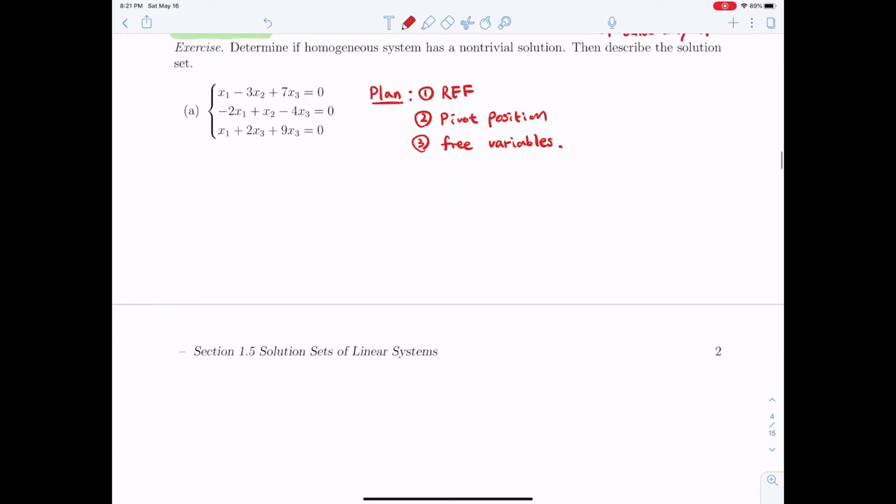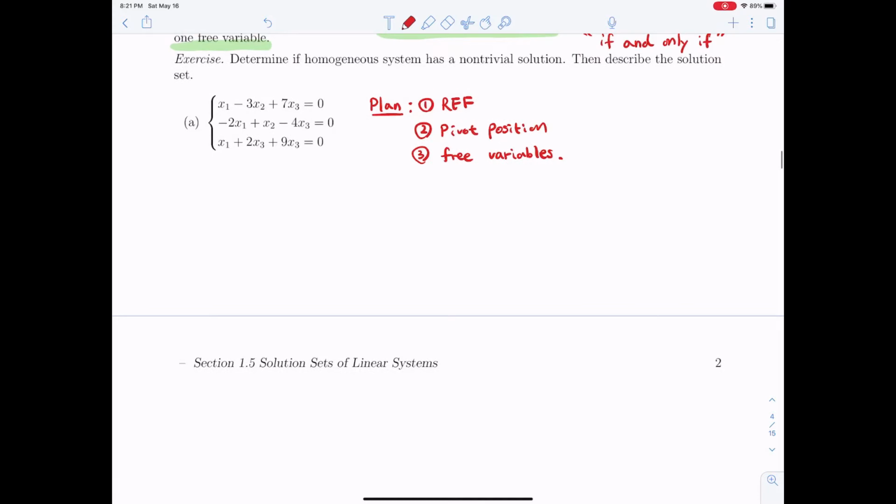So basically, the augmented matrix for this system of equations is given by [1, -3, 7, 0], [-2, 1, -4, 0], [1, 2, 9, 0]. And we first want to eliminate the first column. So we add 2 times R1 to R2, and we subtract R1 from R3.